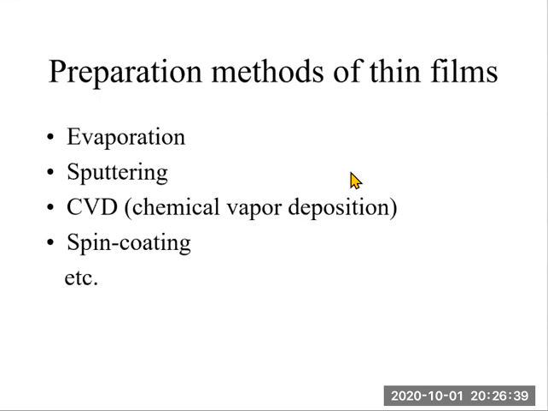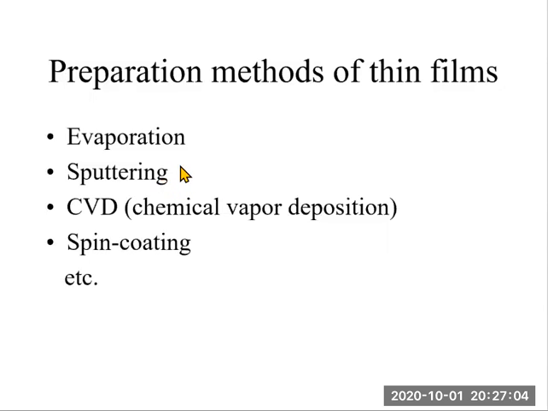Preparation methods of thin films. These methods mainly include thermal evaporation, sputtering. Now that we have discussed sputter etching, it's very interesting that sputtering can also be used for thin film deposition.